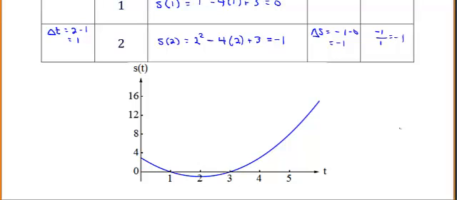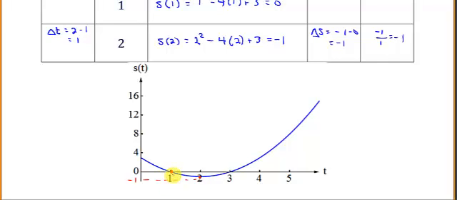Let's see what we've done here. I started out at 1, and I went to 2. Notice when we went to 2, we went down to negative 1. So the change in position was negative 1 minus 0, which is negative 1.